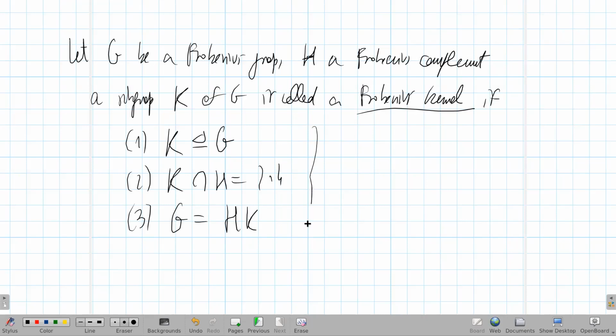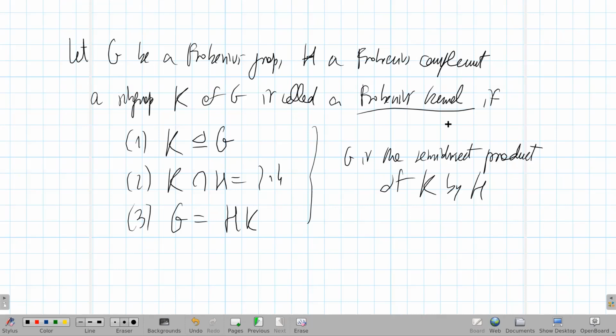So what we are saying here is that G is the semi-direct product of K by H, the internal or inner semi-direct product, okay?